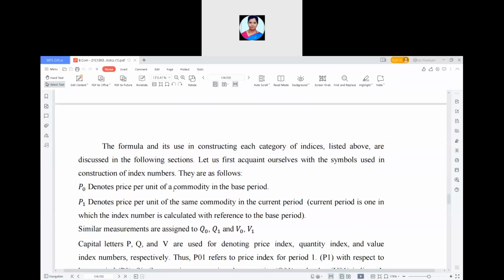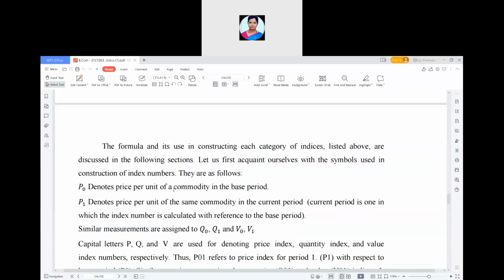We already know what we mean by base period and current period, or base year and current year. If two years are given, we should know which year to select as the base year and which as the current year. That we have already discussed.